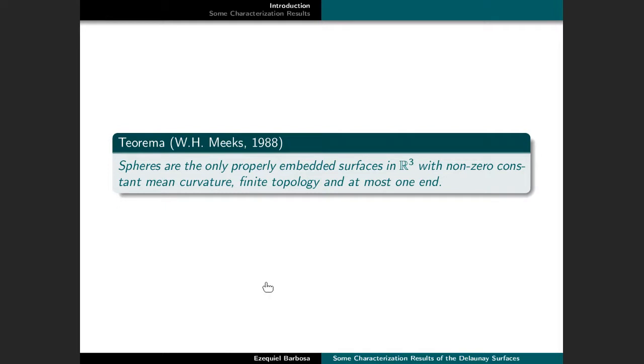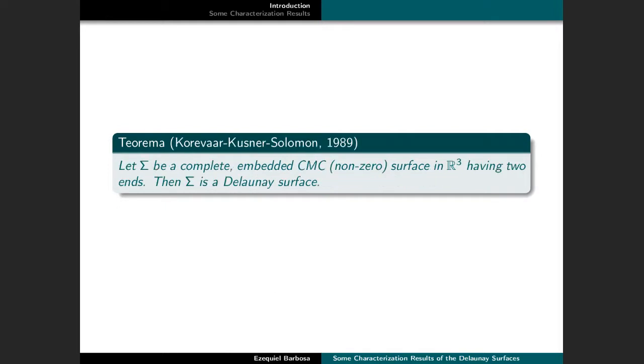And using this result proved by Korevaar, Kusner, and Solomon, it is possible to prove that a complete embedded CMC surface having two ends is an unduloid.